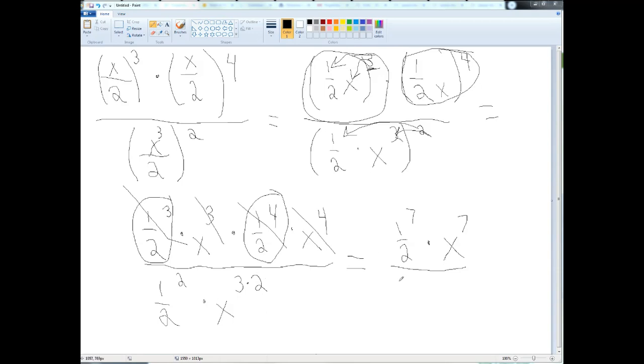The 1/2 to the power of 2 is just going to stay. And then our x to the power of 3 times 2 is going to look like x to the power of 6. Okay. This is looking much better.